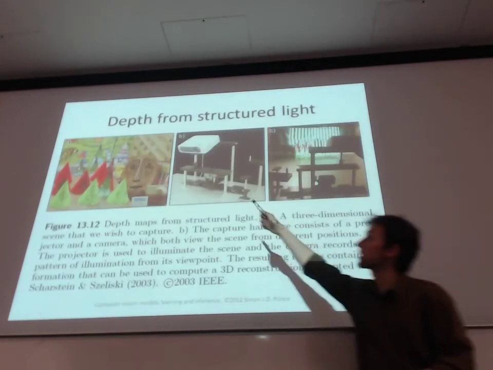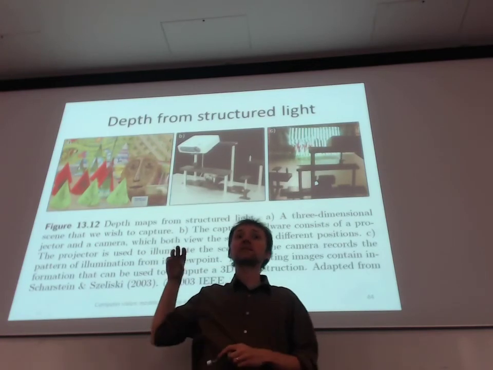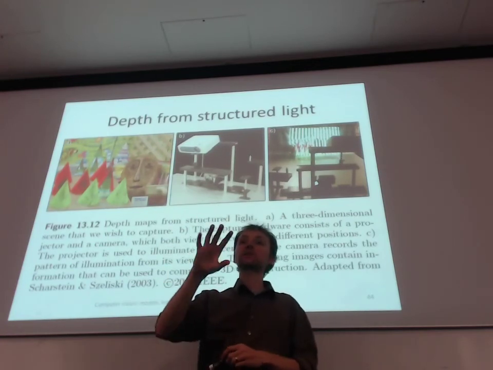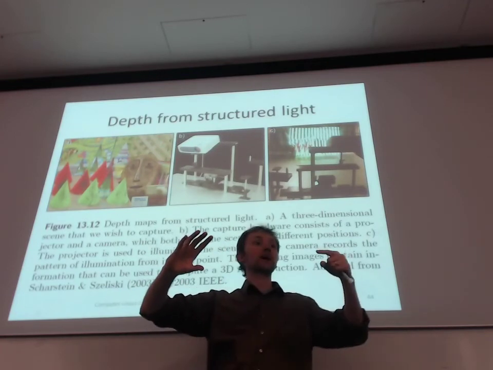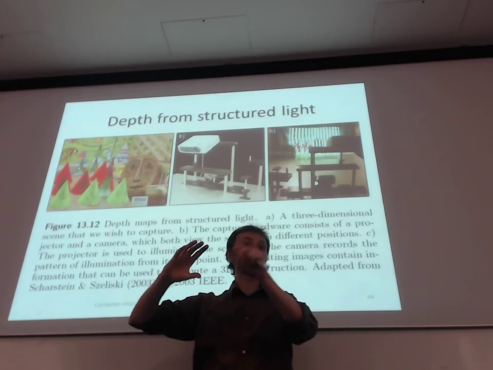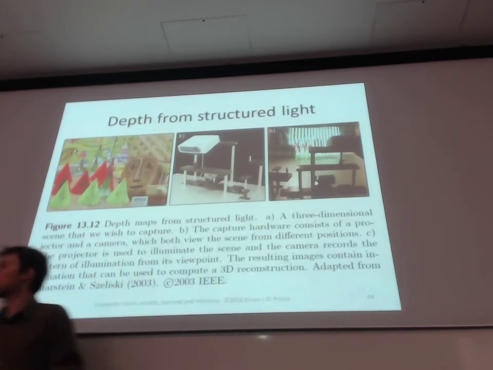You see the fence in the upper right? Imagine if you shined a projector with light through the fence from one angle, and you took a picture from another angle, you would see the shadows, right? You'd see places where, whatever the zebra was, you wouldn't be getting any light because it's occluded.